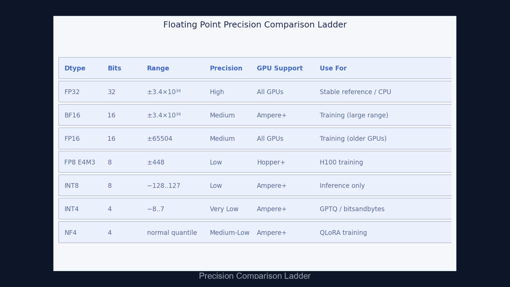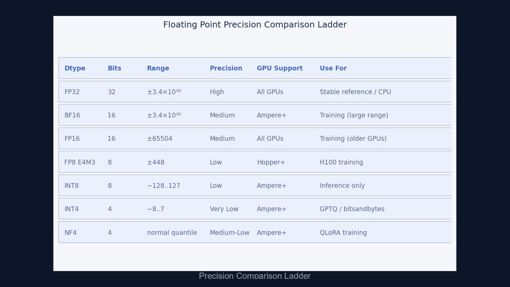This precision ladder organizes every format you'll encounter in LLM fine-tuning, from FP32 at the top down to INT4 and NF4 at the bottom. The GPU support column is the one to read carefully for your hardware. FP32 runs everywhere. FP16 runs on your P40.